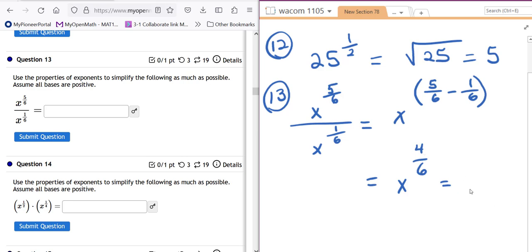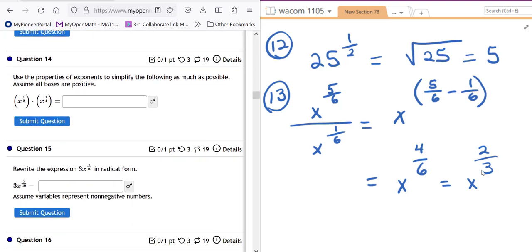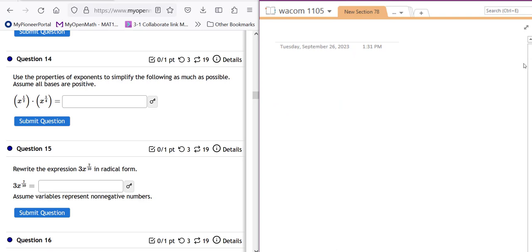It has a common factor of 2. So 2 will go into 4 2 times, and 2 into 6 will go 3 times. So x to the 2/3. They would want you to leave it that way, not switch to a radical. And it was easier because they gave us a common denominator. If it's not a common denominator, I would do the math in a calculator. And so you should make sure that you practice that.